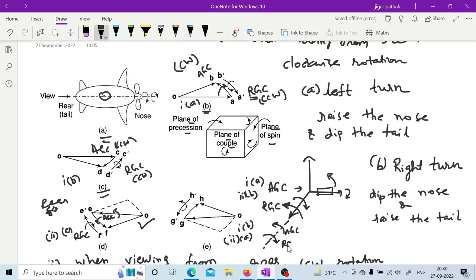So this reactive gyroscopic couple is trying to down the nose, because can you assume this is an axis coming out of your aeroplane, out of the plane of paper, and it is trying to act in this direction for this particular 2A. So it will down or dip the nose. Are you getting what I am trying to say?